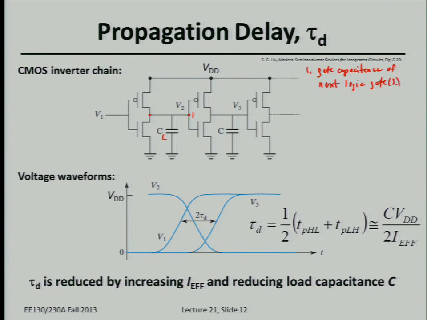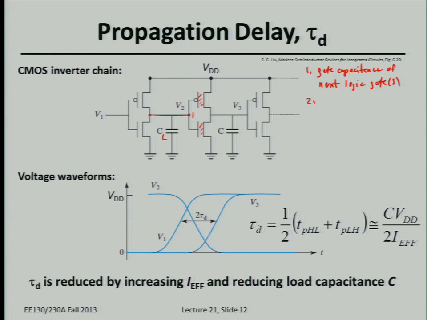Right here you have the gate oxide, right? So you basically have some gate capacitance for those transistors, and you have to charge or discharge the voltage on those gate electrodes in order to make a change in the output voltage here, right? Because it's all electrically connected. Okay, so that's one source.